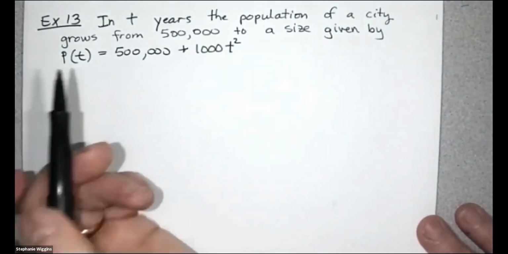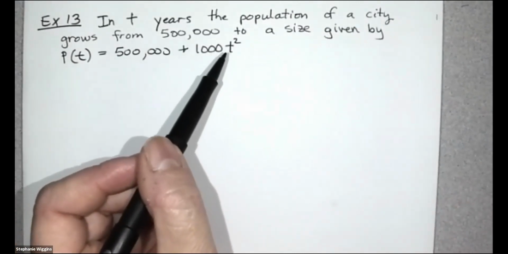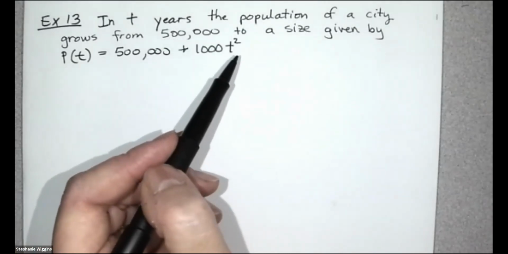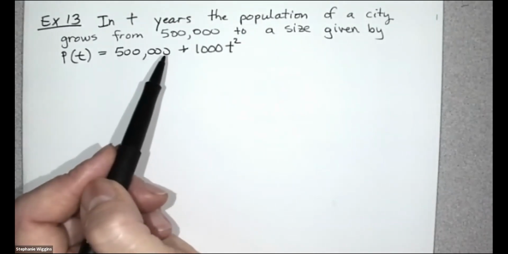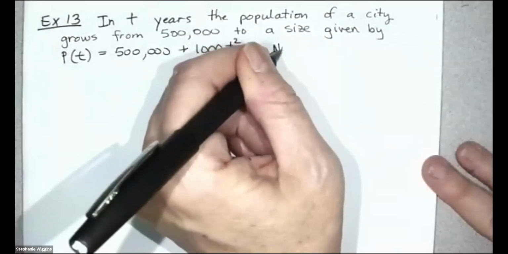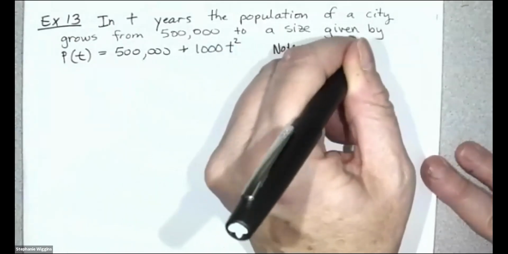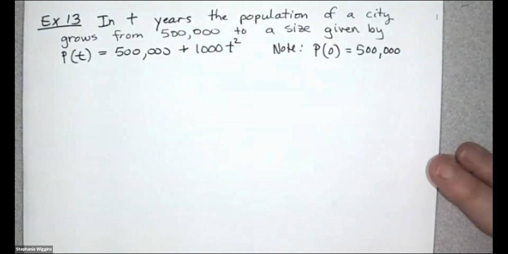All right, so this is the function. You can see when t equals 0, that's at the start of the time period. The population is 500,000. So if this is 0, then we just have 500,000. The question that we want to answer is, what is the population after 10 years?